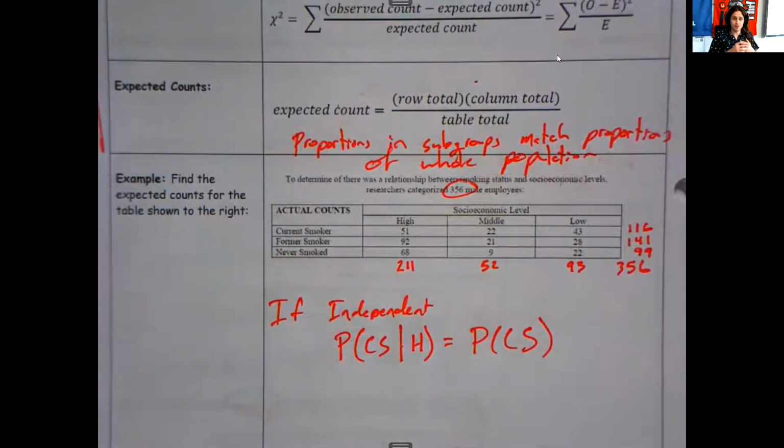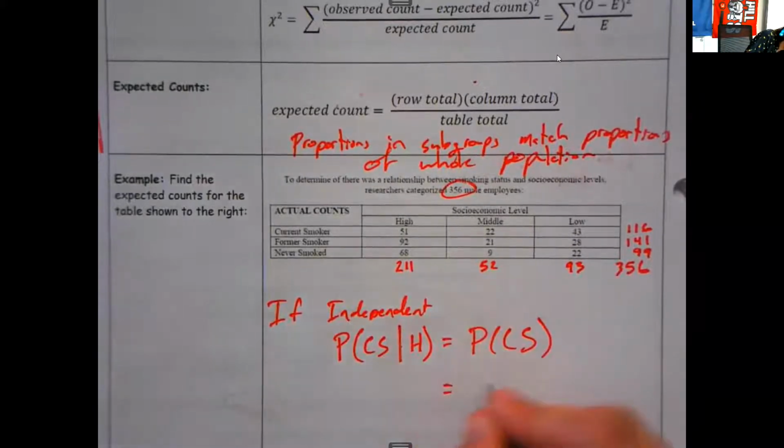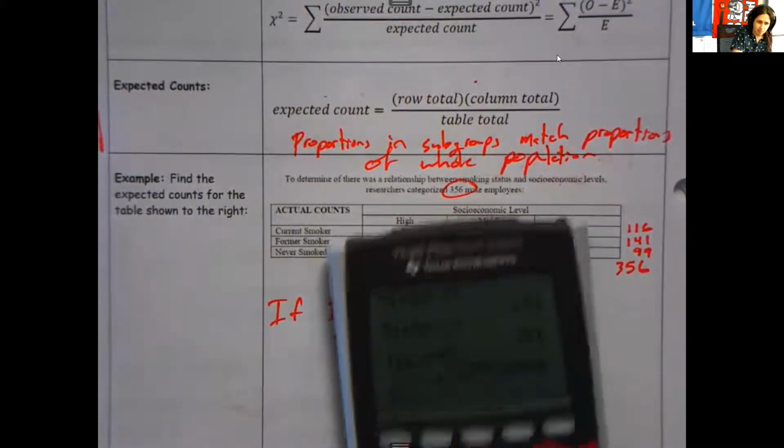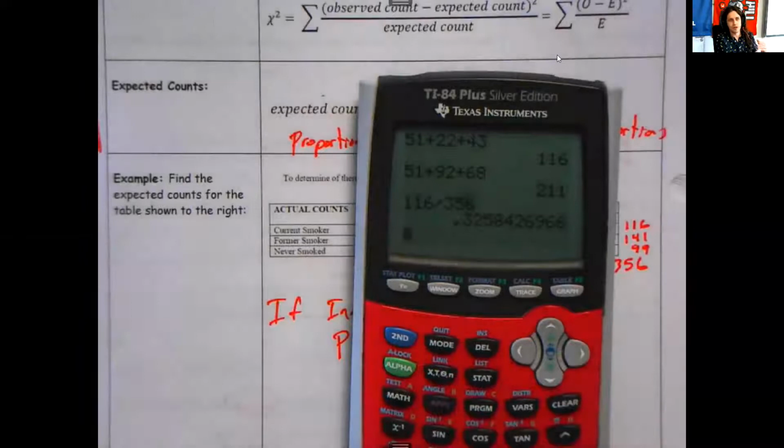It's 116 out of 356, which is like 33%. The proportion of current smokers in each level would need to be equal to that.